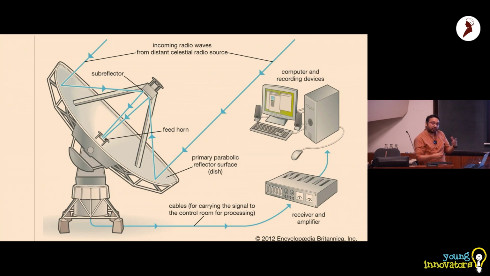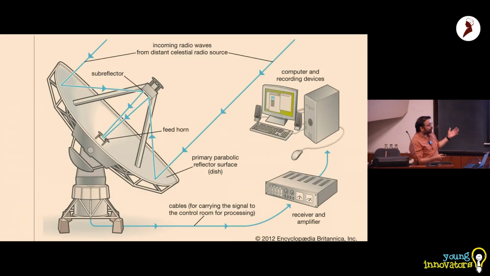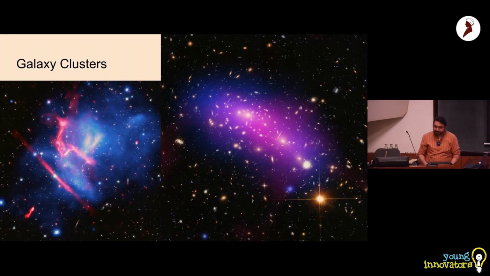And finally, you need some recording device, some analysis machines to finally generate images like this, right? So that is a broader picture of how you want to create a radio telescope. So you need an antenna. It can be a dish antenna. It can be other things. You need something to boost up the power. And finally, you need some kind of analysis to then create images and other things.